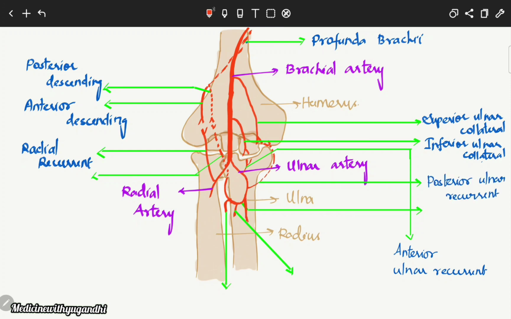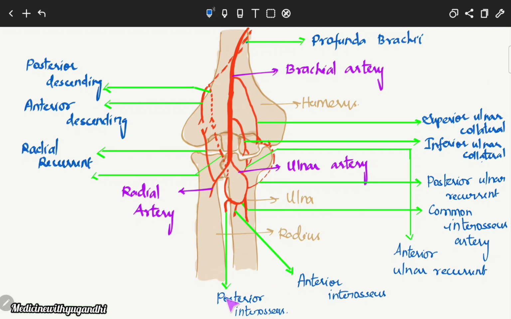And from the ulnar artery there arises another branch called the common interosseous artery. So here you can see the common interosseous artery. From the common interosseous artery there arise two branches, namely the anterior interosseous and the posterior interosseous artery.